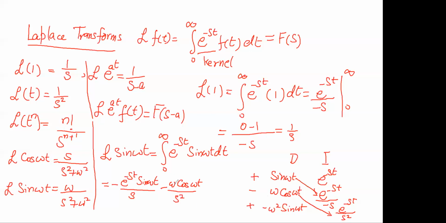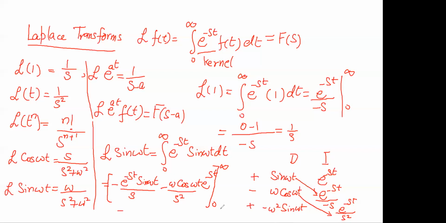Okay, so omega cosine of omega t over s square e power minus st. Right, like this. So both of these will need the limits of integration, infinity and 0. Okay, and then the last term will be the integral of this.